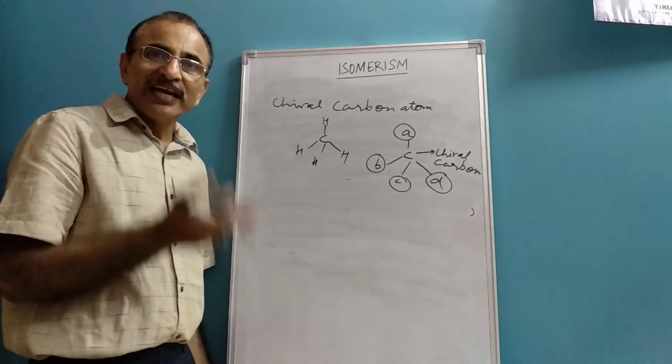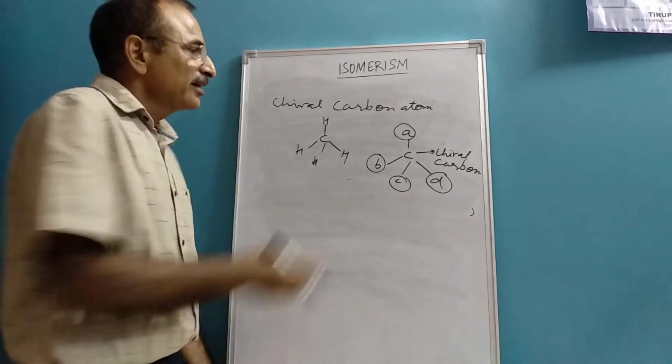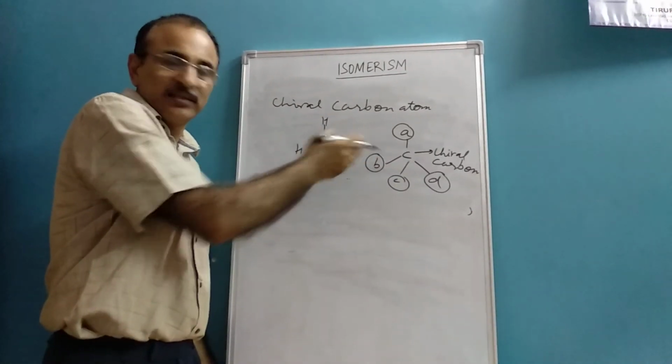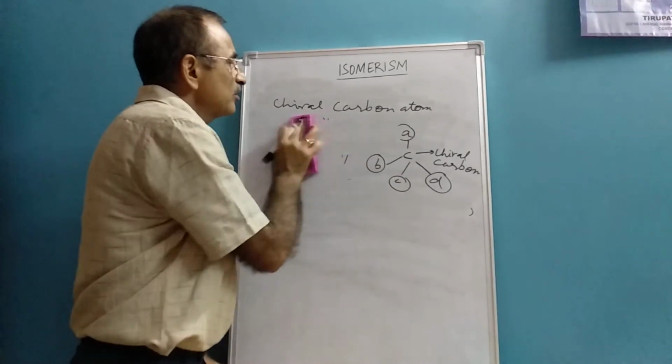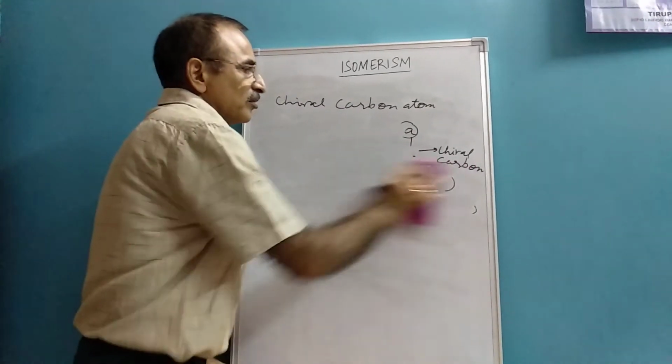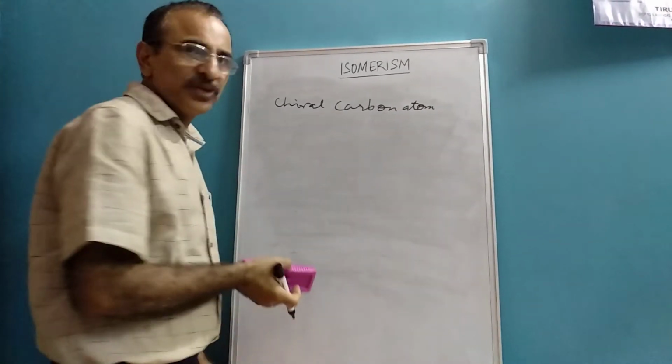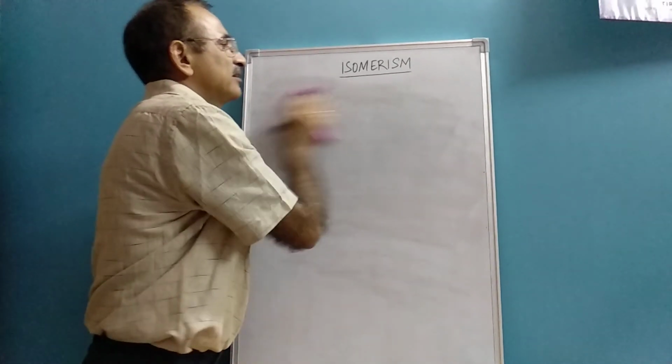Chiral carbon means asymmetric center. Here there is no symmetry, but in this molecule there is symmetry. In an asymmetric molecule, due to the presence of a chiral carbon atom, compounds are capable of rotating plane polarized light.